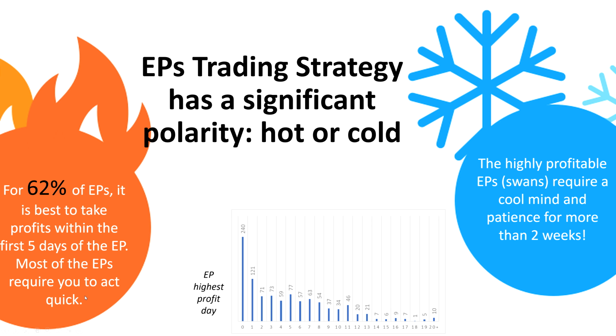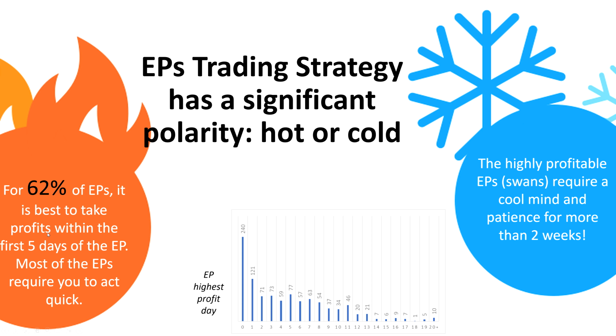Even if my understanding of EPs before the deep dive was, okay, an EP is a setup where I need to keep the stock for a longer period of time to take good profits, the statistics and the behavior I tracked show me that in 62% of the cases, which is a relevant, significant number, I assume here are the chickens and ducks, it's best to take profits within the first 5 days.